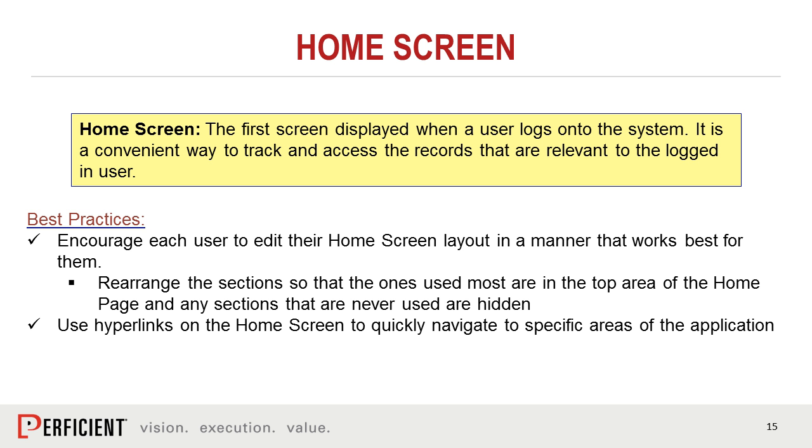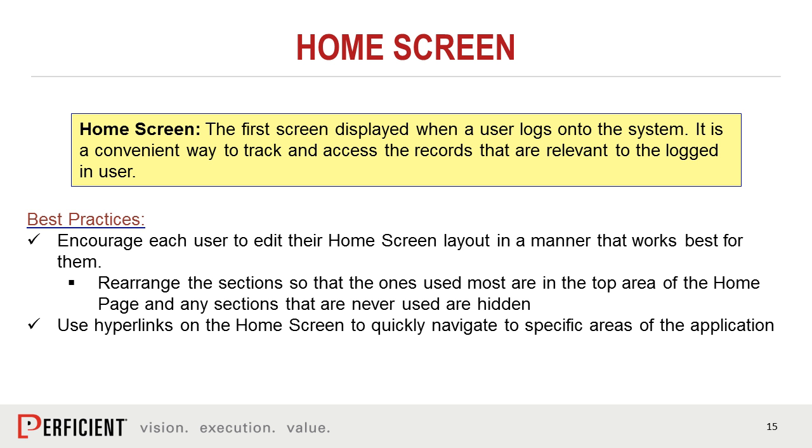There's an edit layout function that allows the user to show hidden lists or sections, or collapse or expand each of those lists and forms, and even restore the default layout that the system came with. Those modifications are user specific, so the user can rearrange or hide their sections in such a way that, again, is most useful for them, and hide any sections that are never used by that particular user.